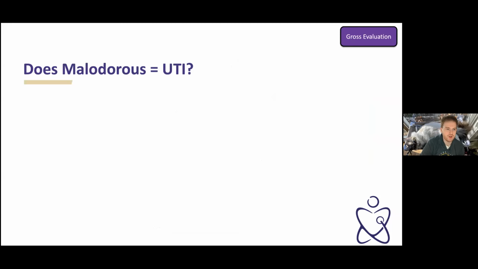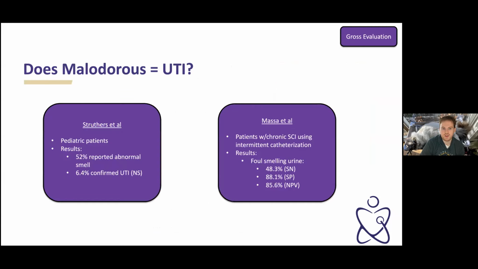And so I wanted to know, does a malodorous urine equal UTI? I found a couple of studies that looked at this. The first one was looking at pediatric patients, and for a set of patients who were admitted, they screened the parents and asked which of these had smelly urine. Out of the 52% that had abnormal smells, only 6.4% had UTIs, and this was not significant.